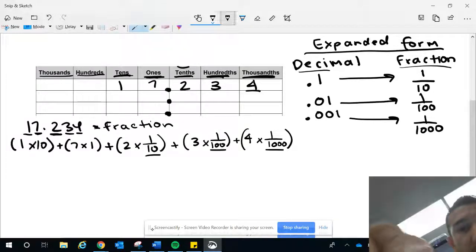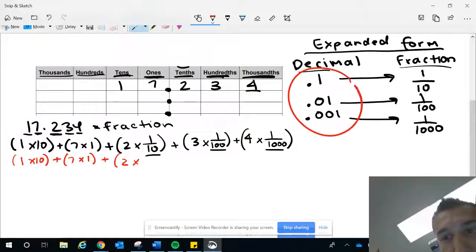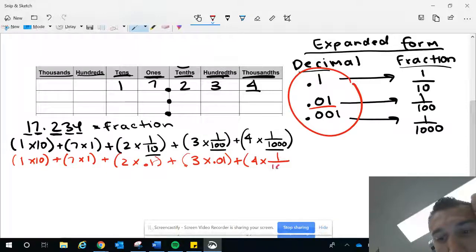Now, if I would write it in decimal form, I'm going to use a different color. It's the exact same thing. I'd go 1 times 10 plus 7 times 1 plus 2 times, and if we look over here, how do I represent tenths? 0.1, perfect. Plus 3 times 0.01, because that represents 100ths, plus 4 times 1.